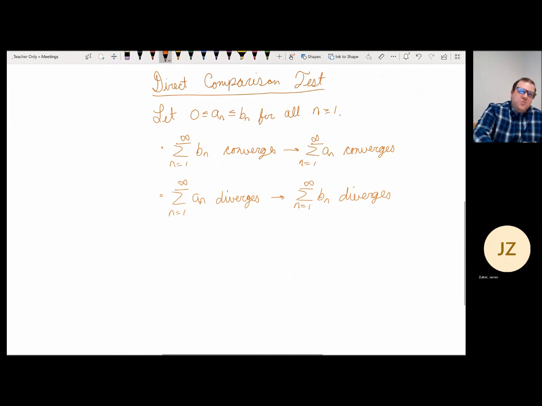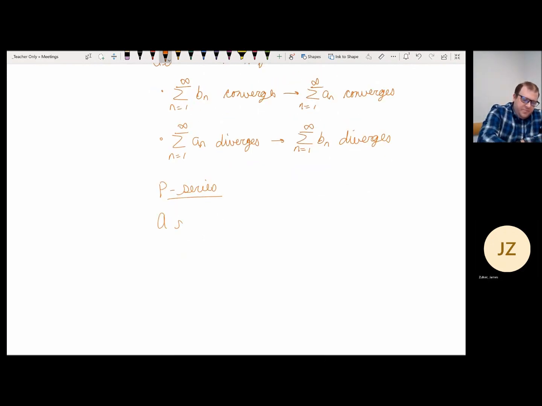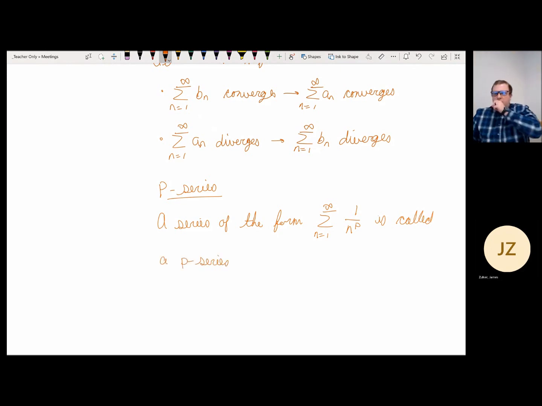I'm going to introduce a new series called the p-series. A p-series is any series of the form 1 over n to the p, going from 1 to infinity.